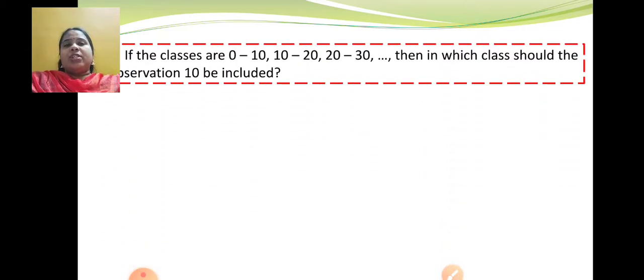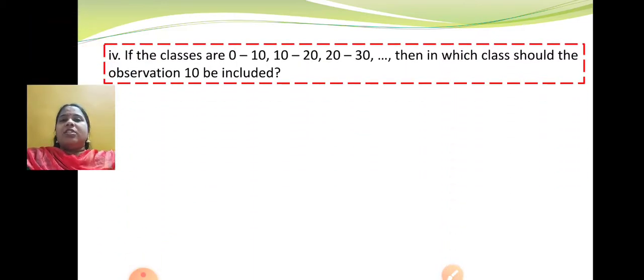The next question is this. If the classes are 0 to 10, 10 to 20, 20 to 30, then in which class should the observation 10 be included? Okay. Now, this is based on those 2 types of class intervals that I have given you, continuous class and non-continuous class.